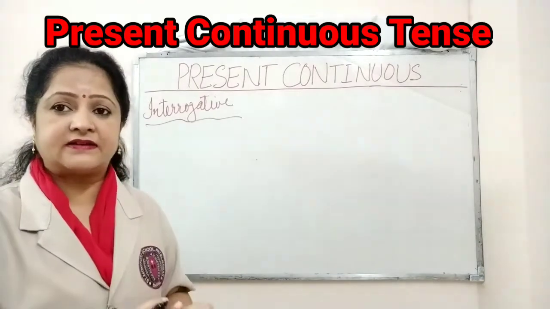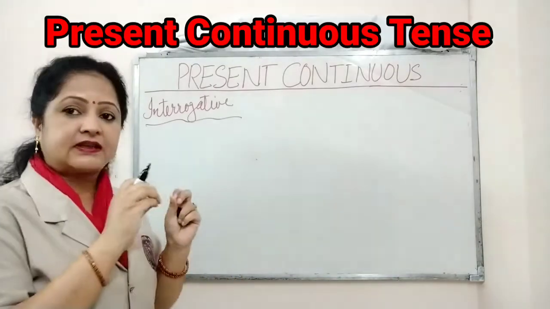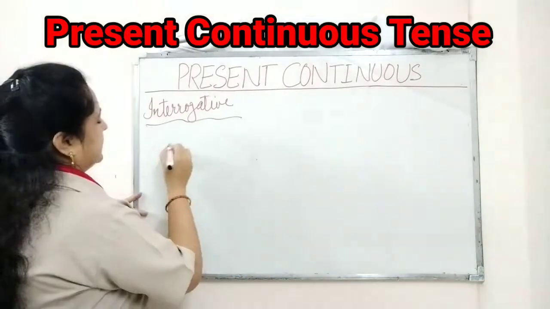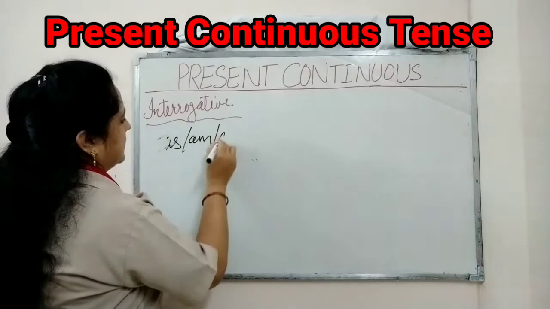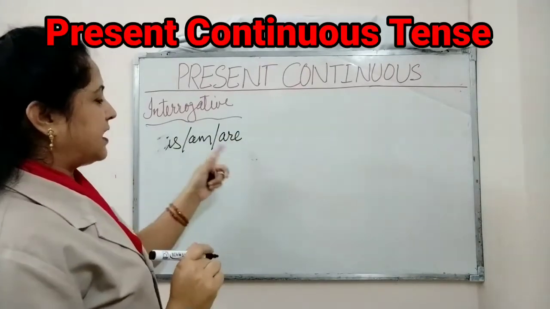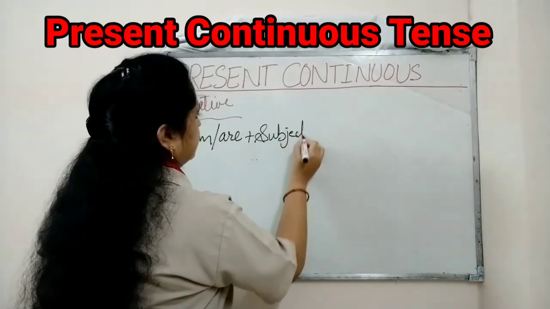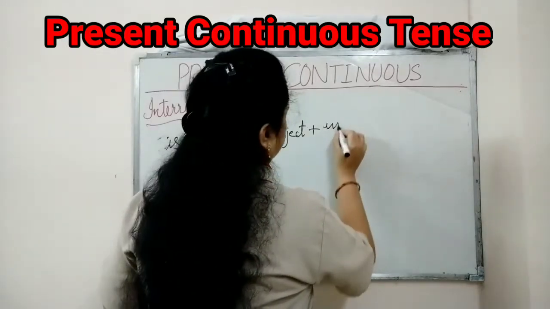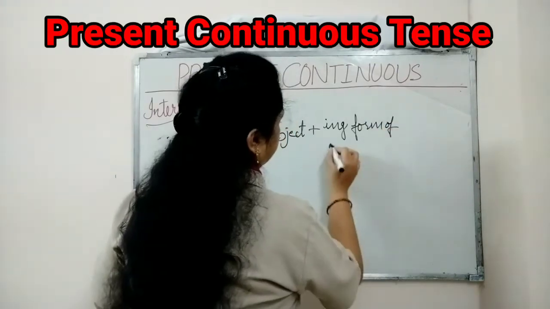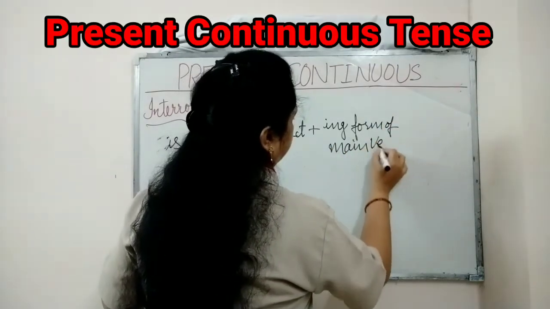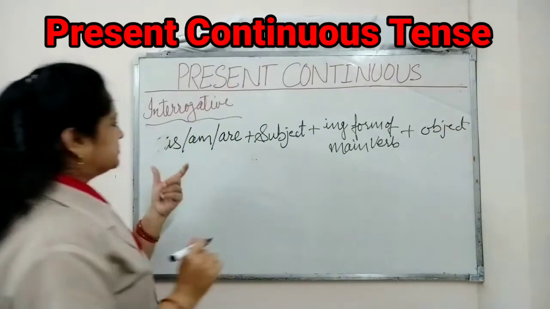When we make the interrogative sentence, instead of writing the subject first, we write the helping verb, or auxiliary verb: is, am, are according to the subject, and then we write the subject, then the ing form of the main verb, and then the object.